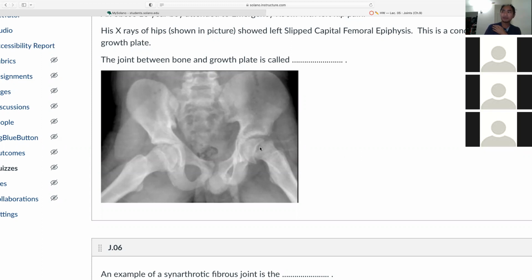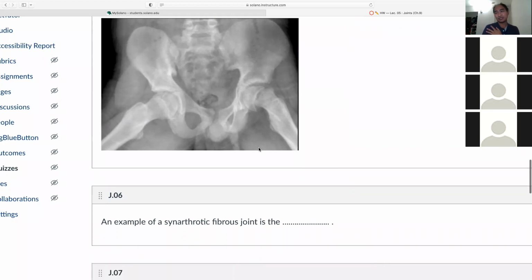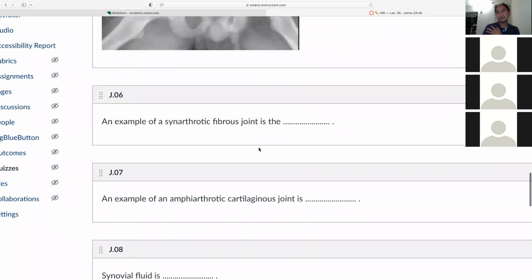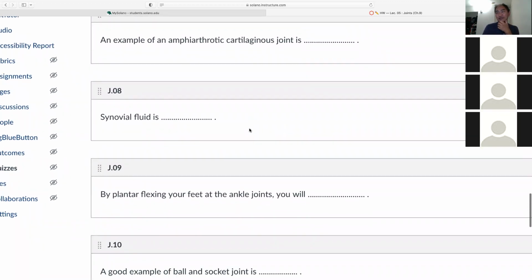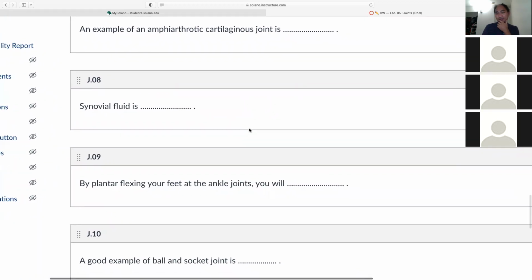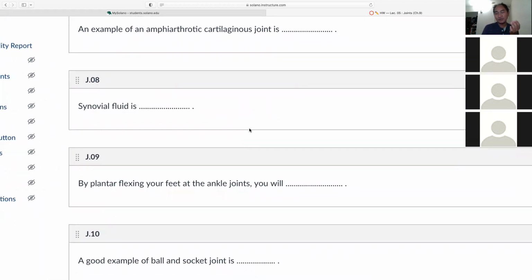So this joint is called enchondrosis. Yeah, enchondrosis. In arthrotic joint, I think this is easy to study. Synovial fluid is a non-Newtonian fluid, which is the ultrafiltrate of the blood plasma. So it's easy.